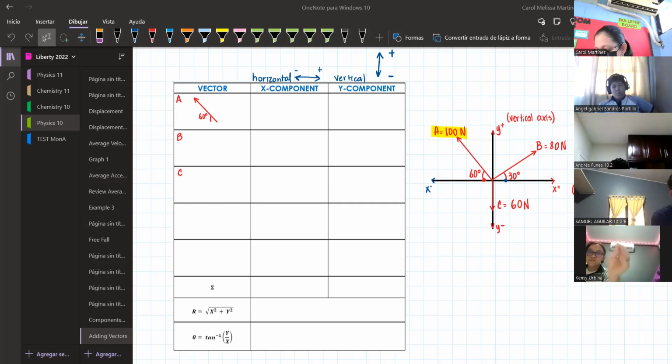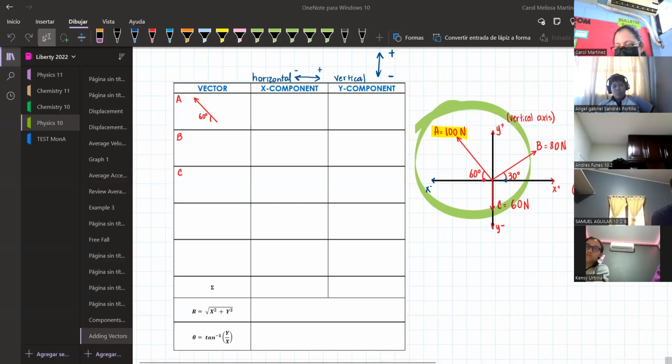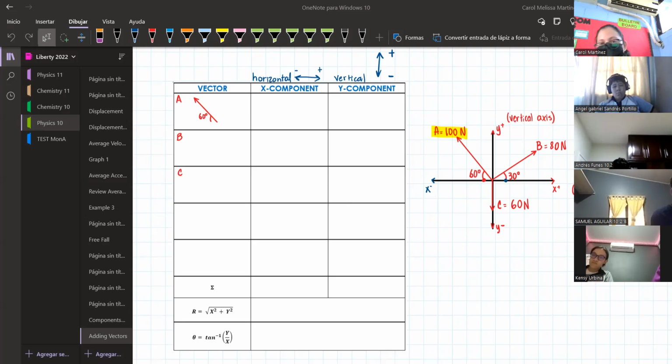So I want you to focus on this part, in the vector A specifically, okay? I want you to analyze the angle of 60 degrees that I'm giving you here. That angle is touching what axis, the vertical or the horizontal axis?